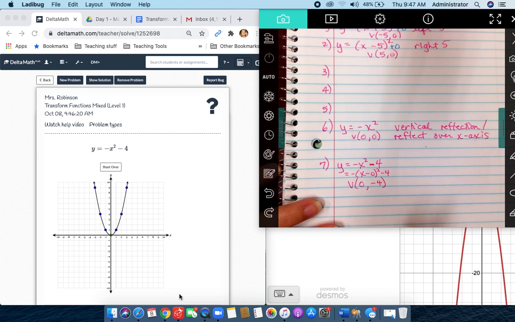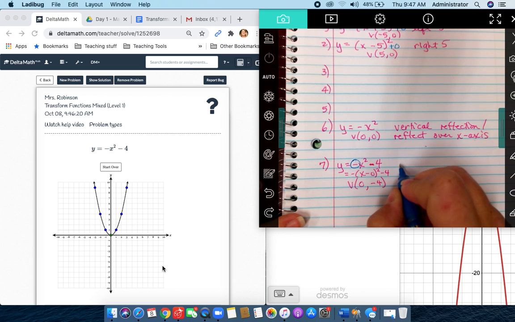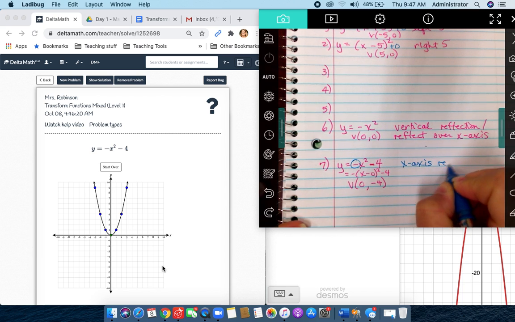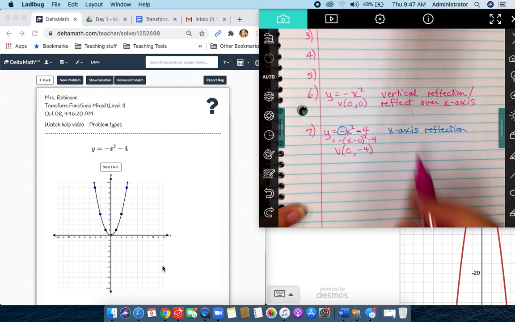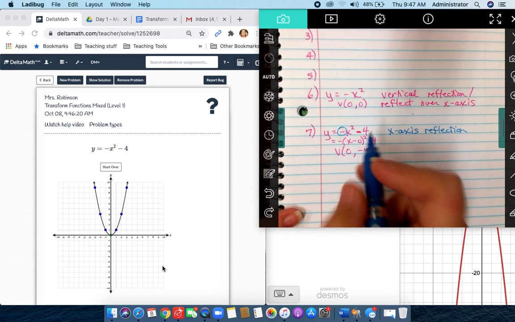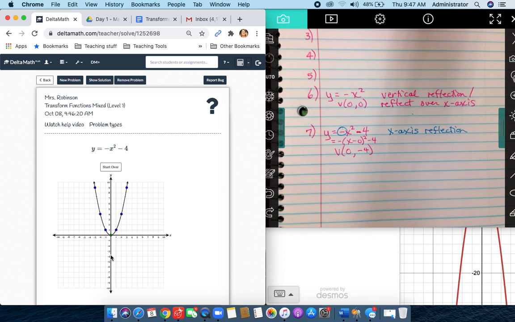I'm keeping that negative 4. So think about what that means for this graph. It means because of this negative, I have a vertical reflection. If you want to just say x-axis reflection, that's another way to put it. Reflect over the x-axis, reflection, vertical reflection. Any of the 3 would be fine. But remember, to get to (0, -4), we would need to take this point here at the origin, this vertex here, for our parent function.